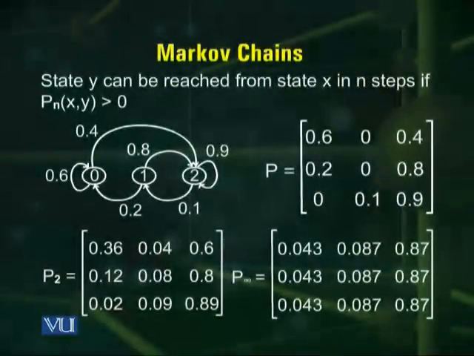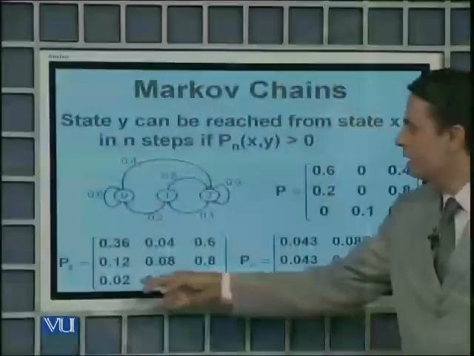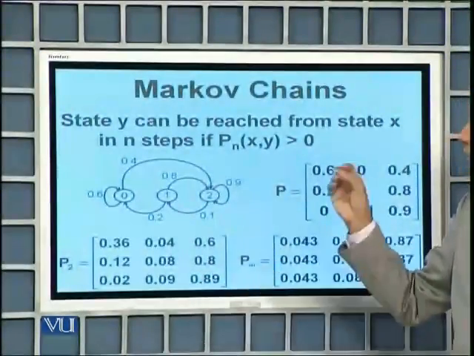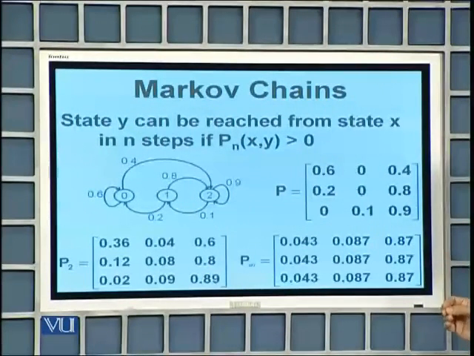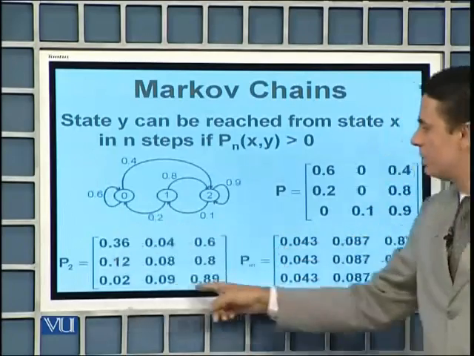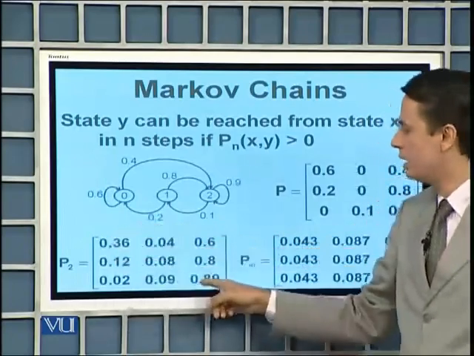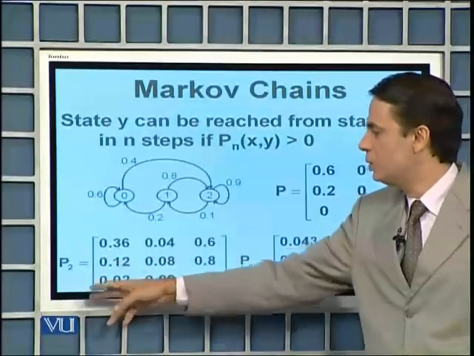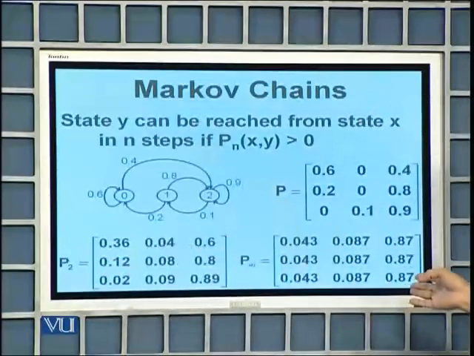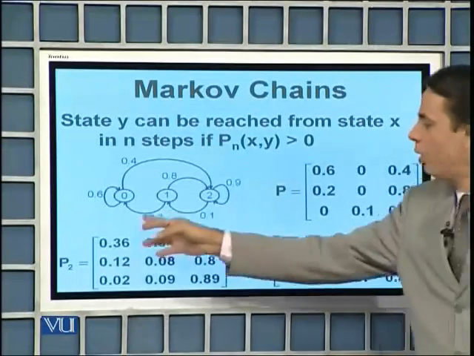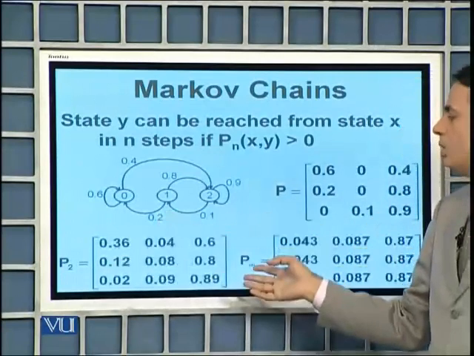Here in the two-step transition probability matrix, you see that all values are non-zero, which means all states are reachable from all other states in just one step. So once you have this transition probability matrix with step size 2, subsequent transition probability matrices are also going to have all entries non-zero.